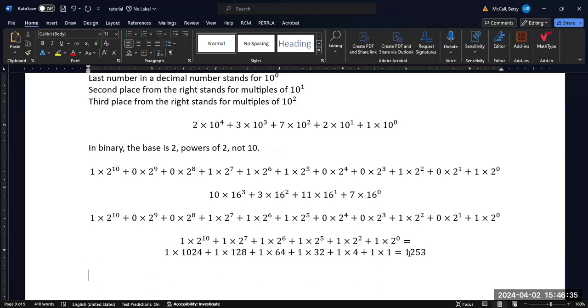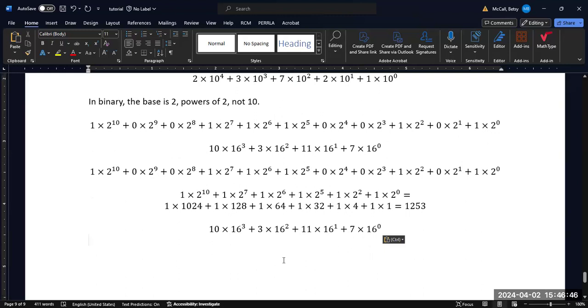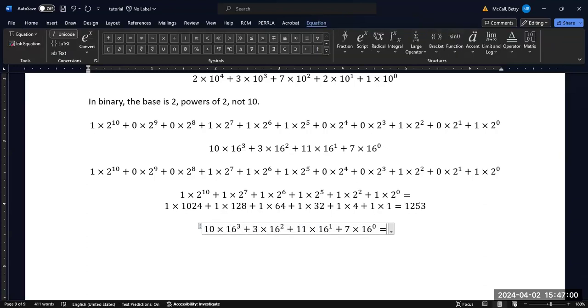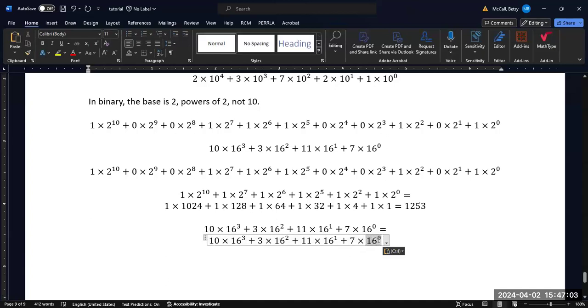Now, we do the same thing once we represent our hexadecimal number in place-digit form. Again, our place digits are in decimal form, and we just convert our powers of 16 to decimal form, and then we can just add them up. So 16 to the 0 is 1. 16 to the 1 is just 16. 16 squared is, I believe, 256.